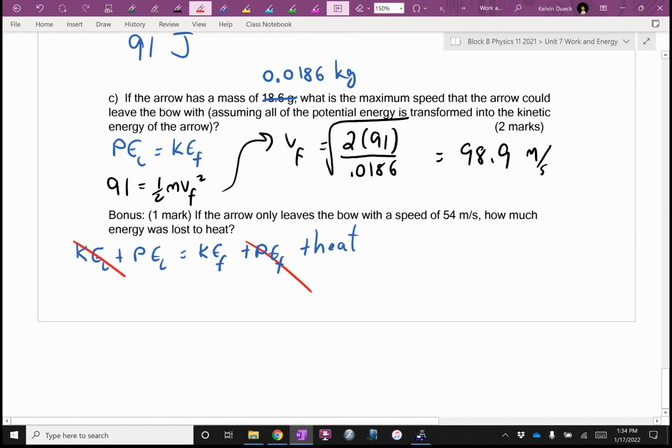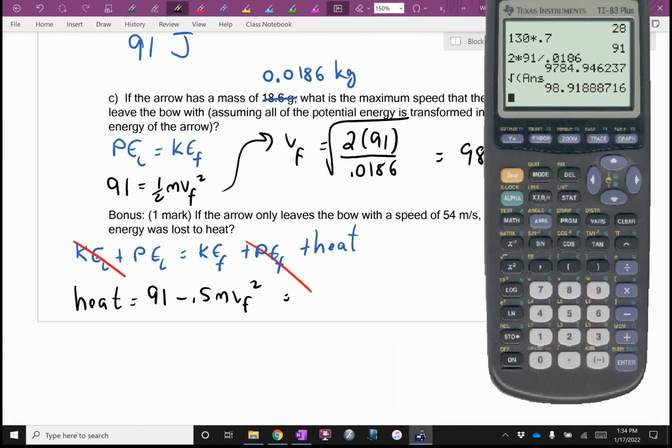I think my initial kinetic was 0 from rest. So I guess the heat is going to be the initial potential, which was 91, minus 0.5 mv final squared. It's going to be 91 minus 0.5 times 0.0186 times 54 squared. And I get 63.9, is that right?